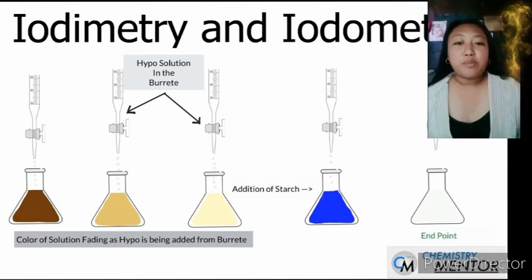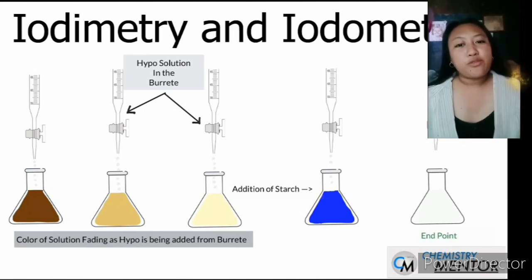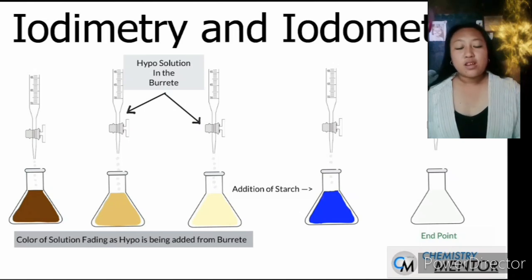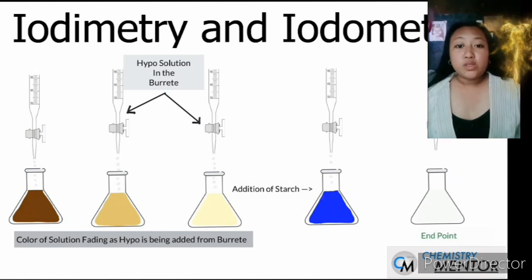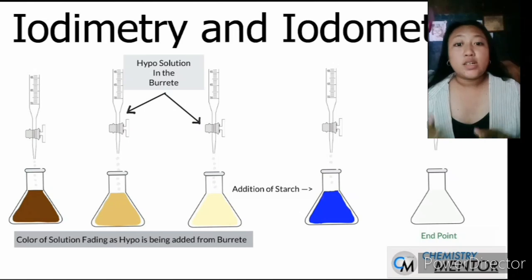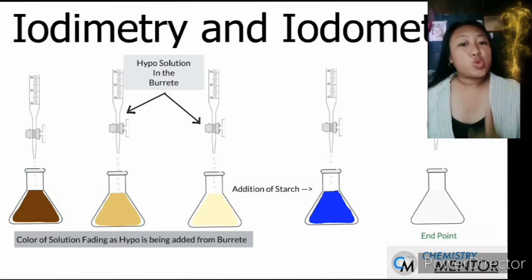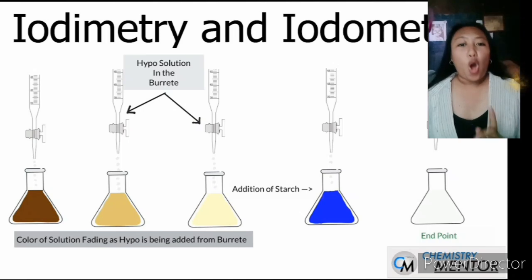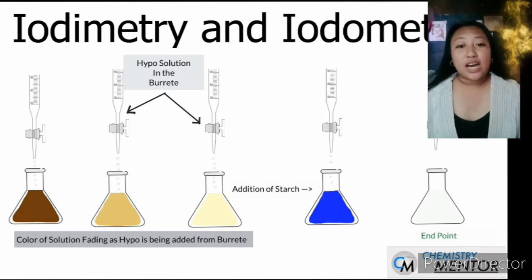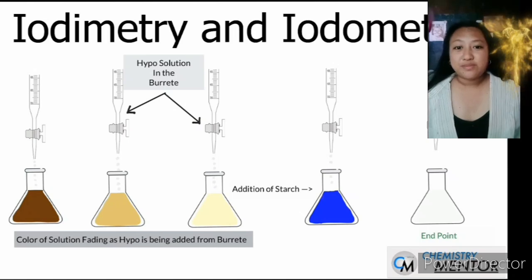Now, in this one, we will not be putting the starch, our indicator, first. Instead, we'll put 2 to 3 drops of sodium thiosulfate into the iodine solution.